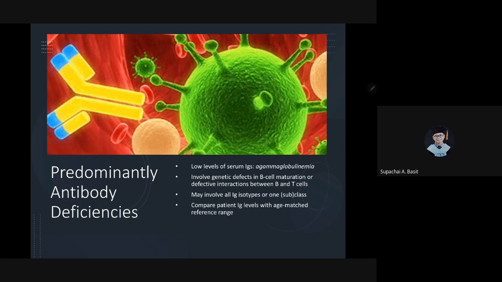Obviously, when you say predominantly antibody deficiencies, it means that we have low levels of serum immunoglobulins. In fact, the prefix "a" refers to the absence of. So agammaglobulinemia is the absence of gamma globulins. And what is the importance of gamma globulins?